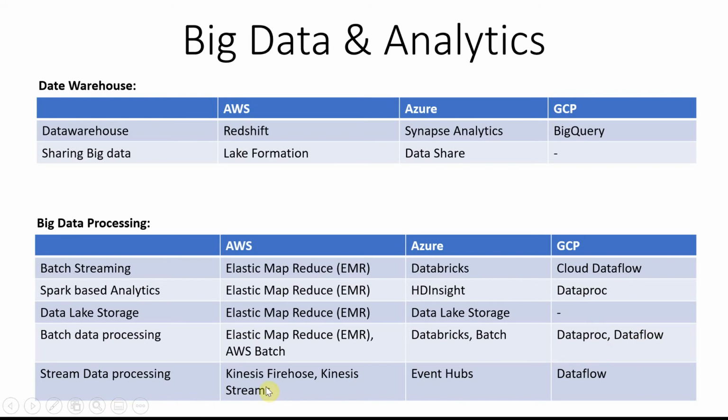So streaming is something especially for when the data is coming in. Kinesis is also the most popular tool. Kinesis Firehose. The name Firehose, like it will sprinkle the water out, right?